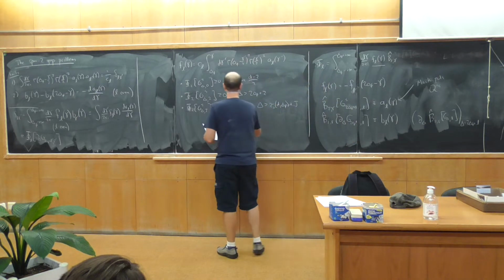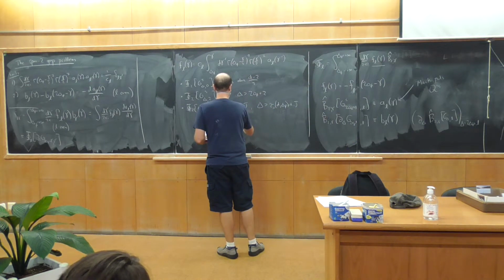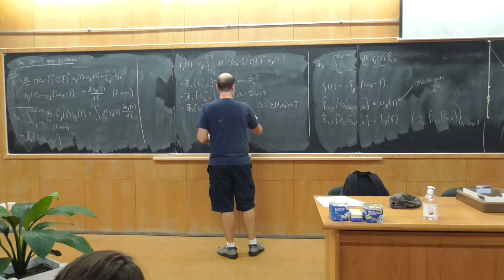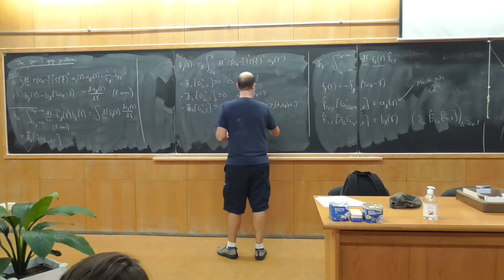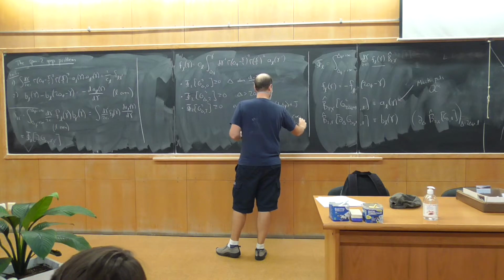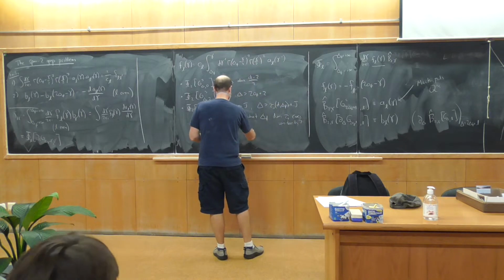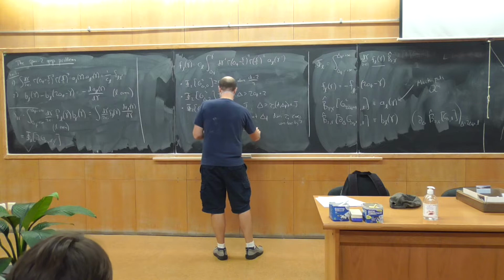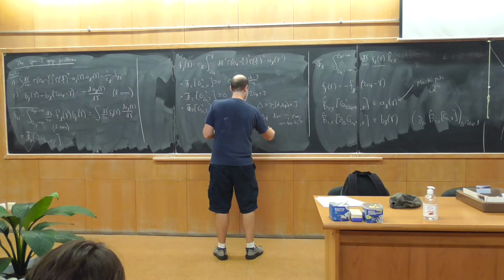So the question is, for what delta phi does tau naught cross the unitarity bound? And the answer depends on d. When d equals 3, it's something between 1 and 2.